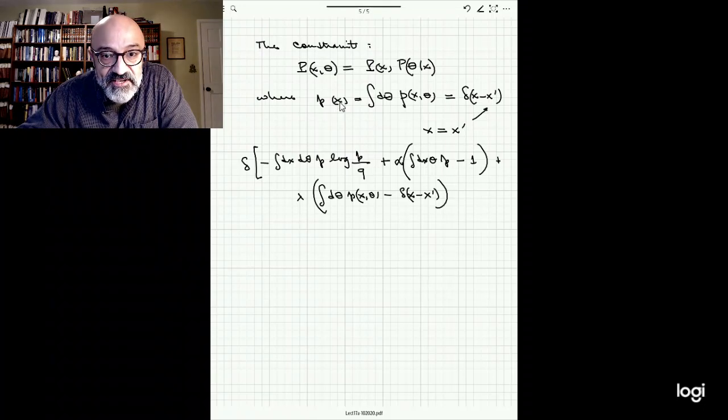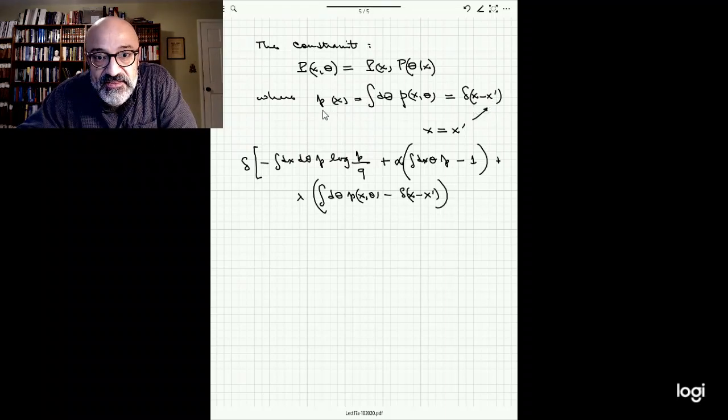I have written a constraint for every single value of x. For most of those values of x, what I have on the right-hand side is 0. For the value of x when x equals x prime, I'm going to have an infinity. So this is an infinite number of constraints, one for each value of x. So you see, the constraint here has a parameter x. So this is many constraints.